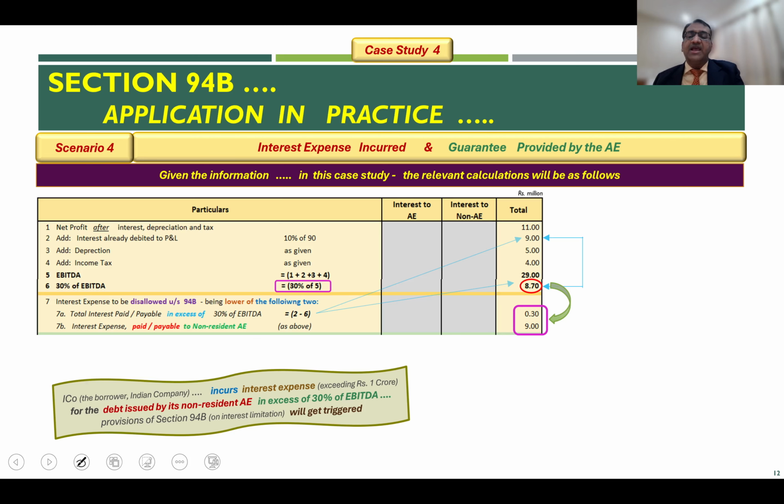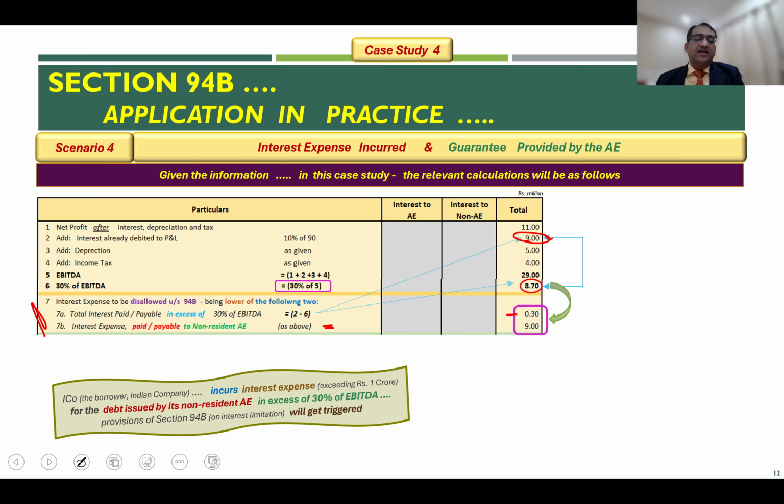What you have to compute is again the two parameters required to calculate the disallowance. First, total interest paid or payable in excess of 30% of EBITDA: 9 in excess of 30% of EBITDA, so 0.3 million would be your interest, the first leg. And secondly, how much is the amount which you have paid to the AEs?